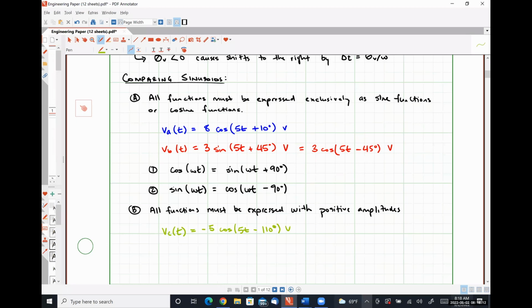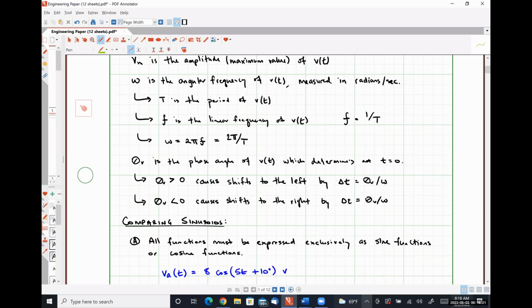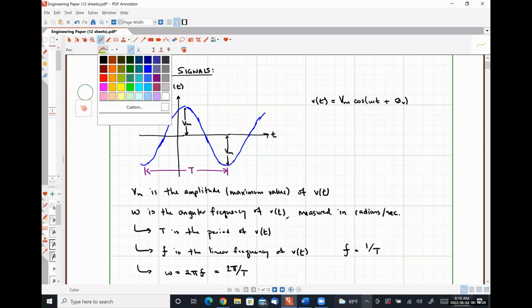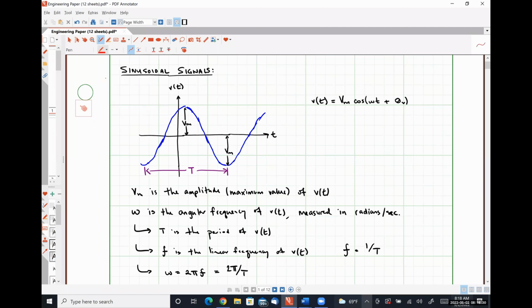So we would simply treat it as if it were shifted either to the left or to the right by 180 degrees. Let's look at some things here real quick. Let's do it in red.